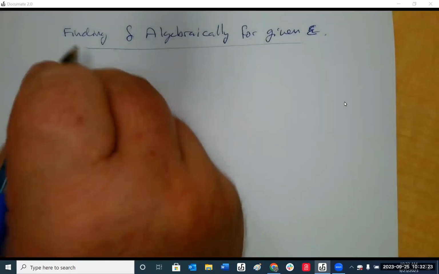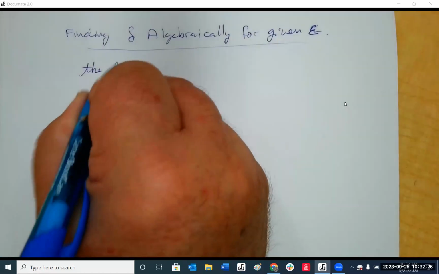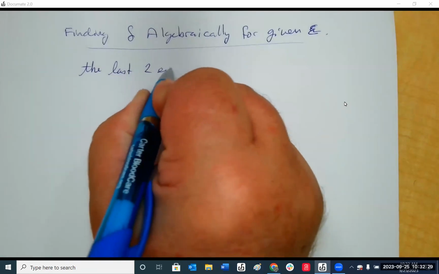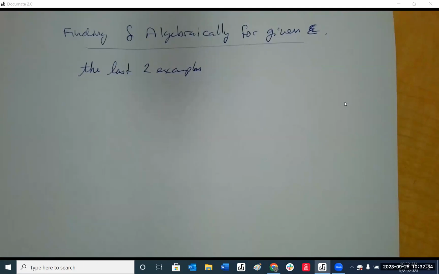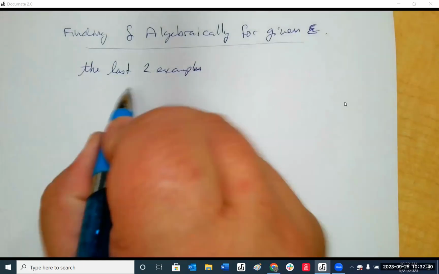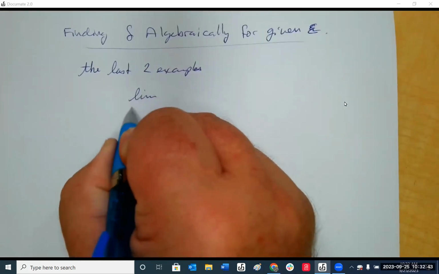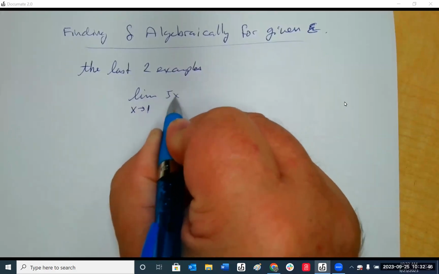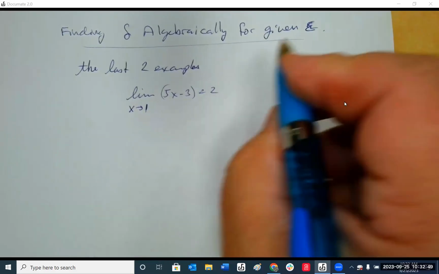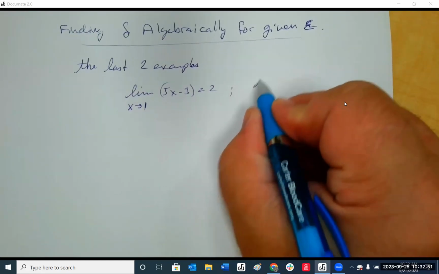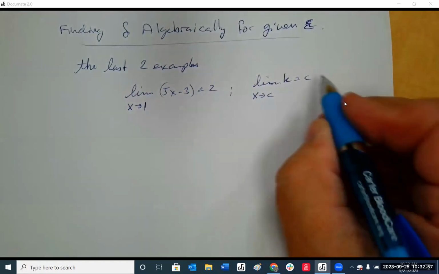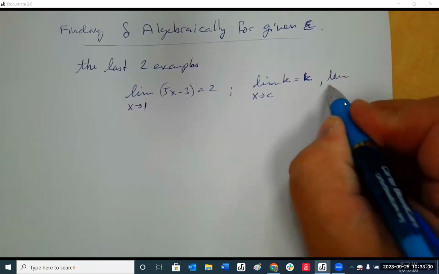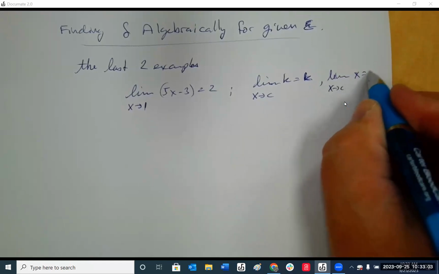We just saw examples in the last two examples. We had the limit as x approaches 1 of 5x minus 3 equals 2, the limit of k as x approaches c equals k, and now the limit as x approaches c of x is equal to c.